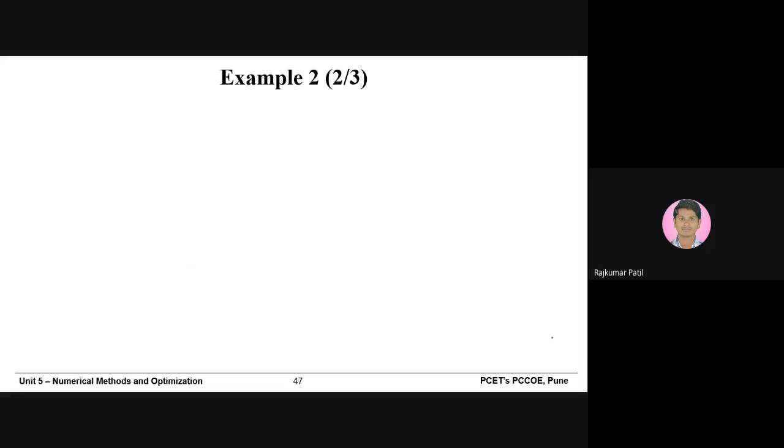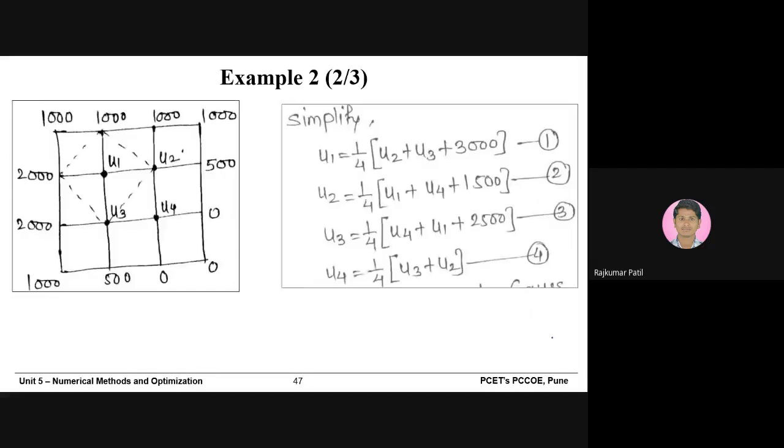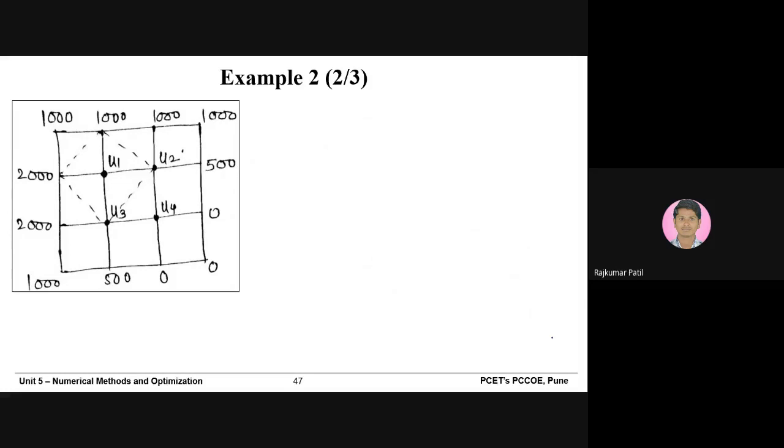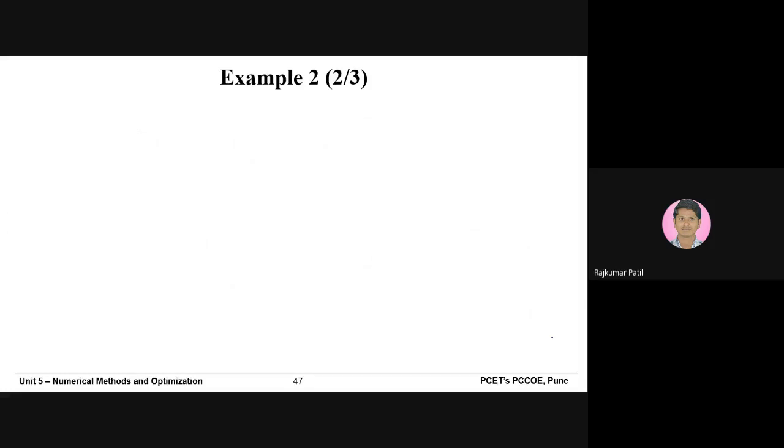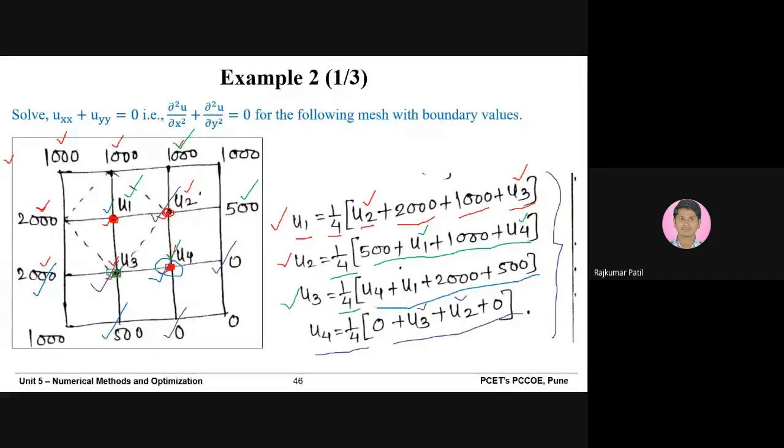So what to do? We need to move ahead, and first of all, we need to simplify the equations. How? In the case of the u1 equation, you can add 2000 plus 1000, and we can write the equation as u1 = 1/4 (u2 plus u3 plus 3000).